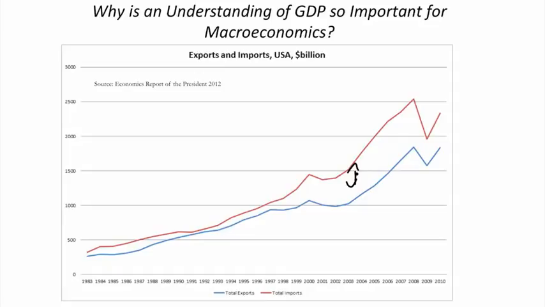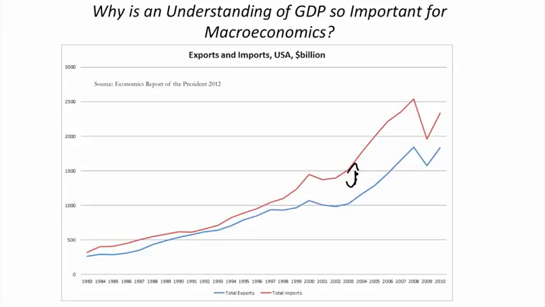But in fact, there are some profound macroeconomic reasons that go way beyond that sort of superficial argument that can explain this. And indeed, by having a good understanding of gross domestic product, we can see exactly what those important fundamental macroeconomic forces responsible for this gap between imports and exports might be.